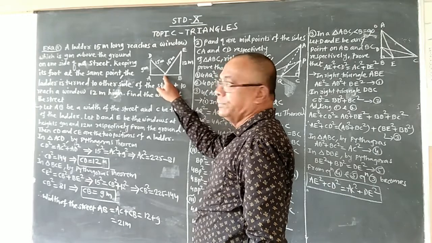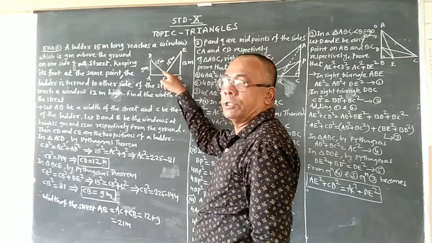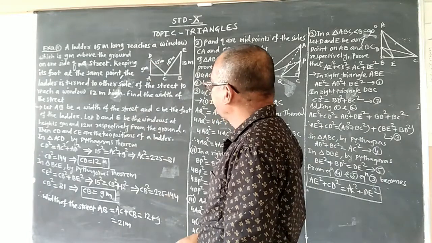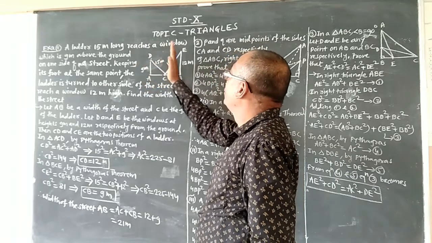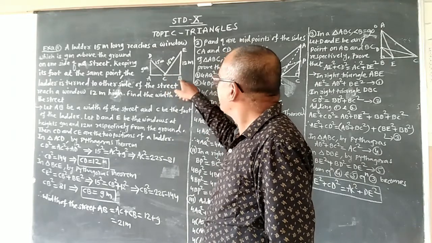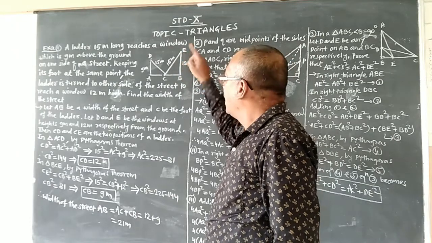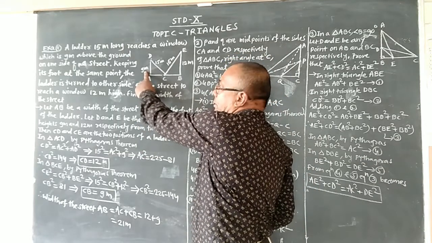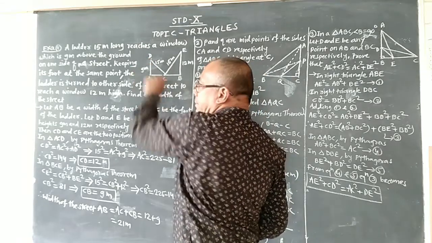From the point C, the ladder CD reaches the window D. Now, from the same point C, the ladder is turned to the other side of the street so that it reaches the window E of the second building. The first window is at 9 meters from the ground.